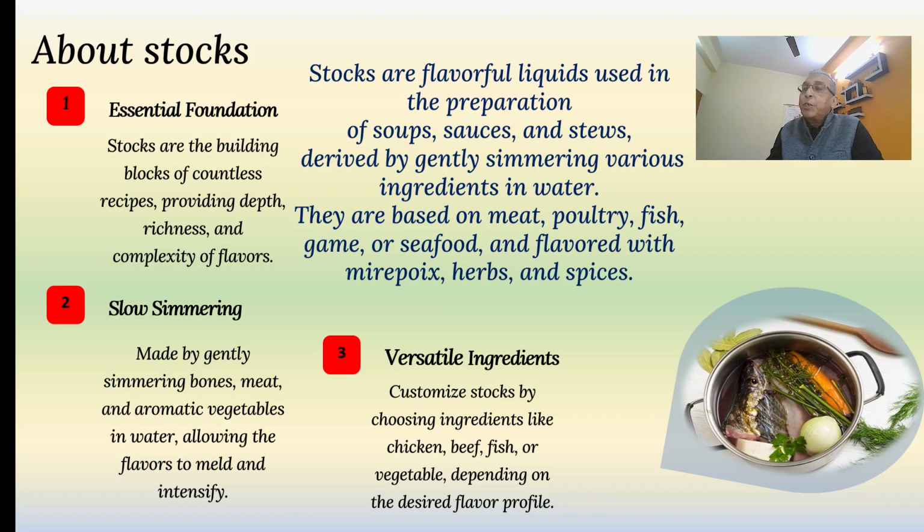They are based on meat, poultry, fish, game, or seafood and flavored with mirepoix, herbs, and spices. This is overall a gentle preparation by simmering. You can use different resources. Along with that, there are some technical points like mirepoix that we will explain in the later half. Herbs and spices are all compiled together and cooked on a simmering basis. The product we get is known as stock.